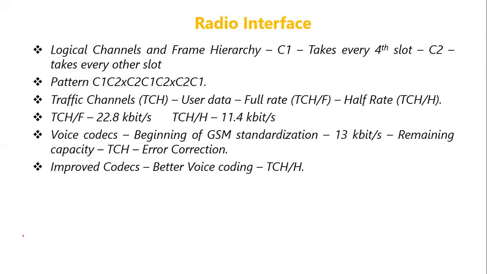So there is some remaining capacity, around 9.8 kilobits per second, that can be used for error correction. Whatever data rate is available and unused, because only 13 kilobits per second were used with the inclusion of codecs, the remaining capacity can be used for error correction.